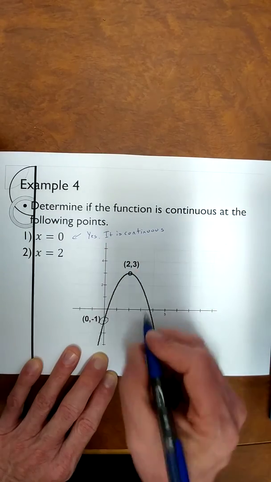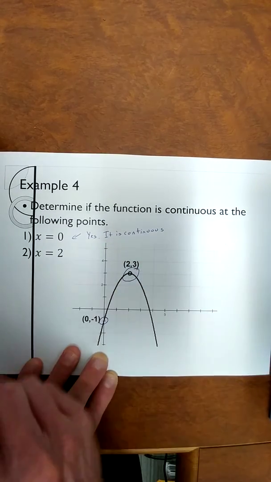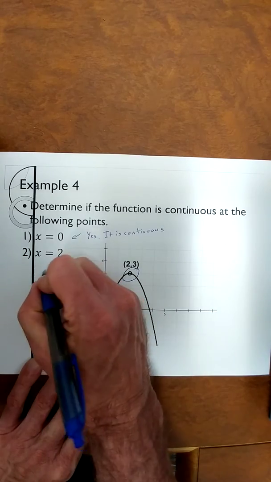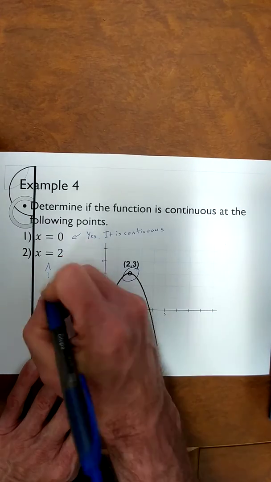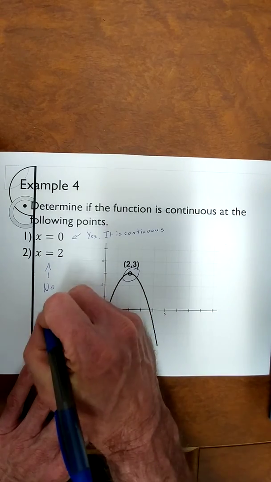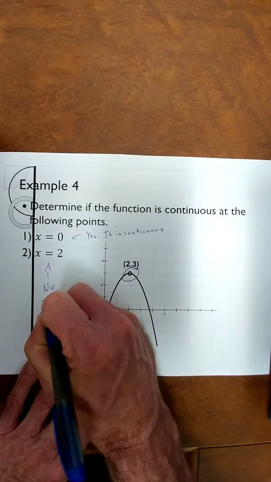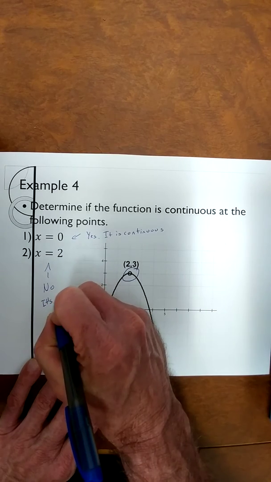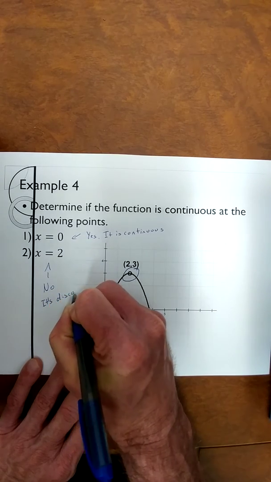But here at 2, again, we have a hole. I know it's not the best picture of a hole, but it is nonetheless a hole. So the answer would be no. It's not, or you can say the opposite of being continuous is discontinuous.